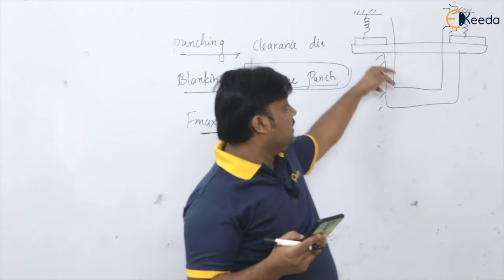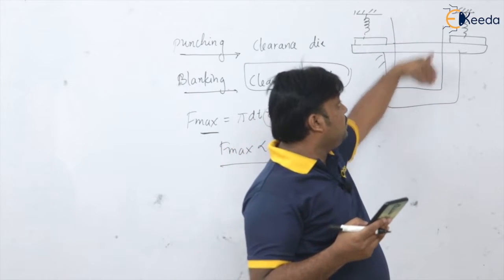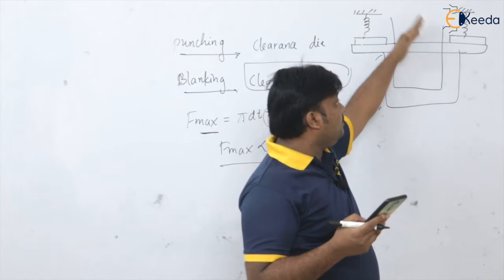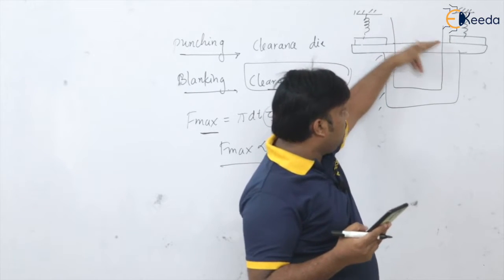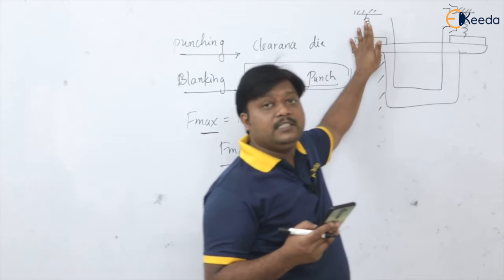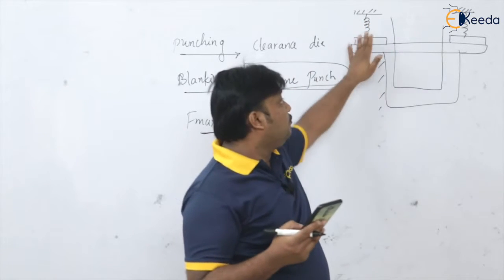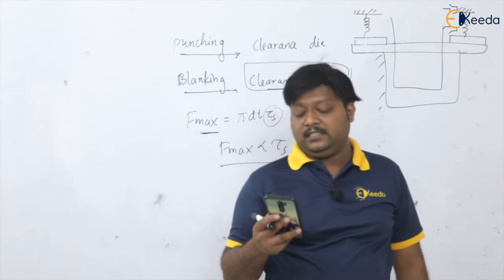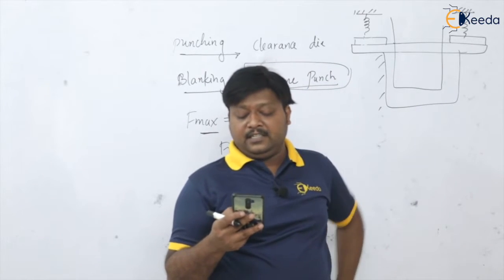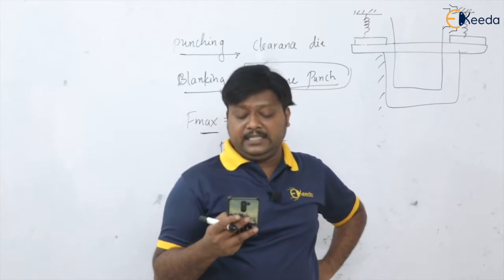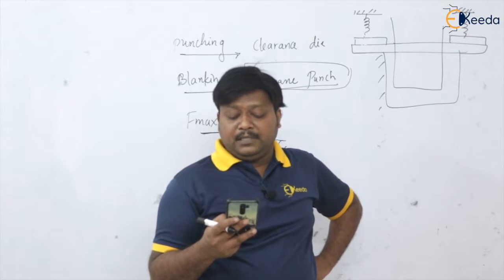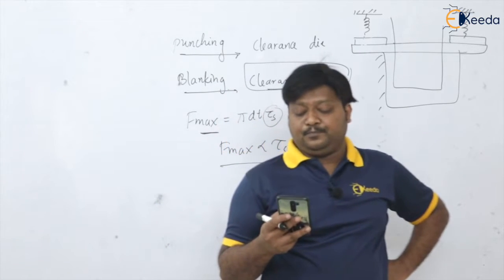Yes, unless and until the punch is completely withdrawn from the die, or gets separated from the produced cup, this stripper force is acting on the stock. Okay, that is sheet. So definitely option D is correct, that is, punch is completely withdrawn from the stock.